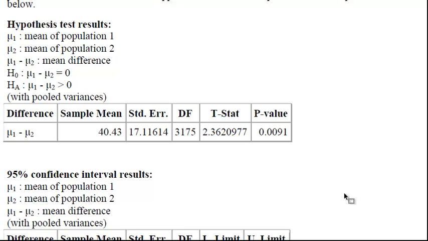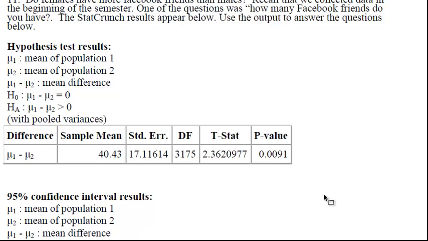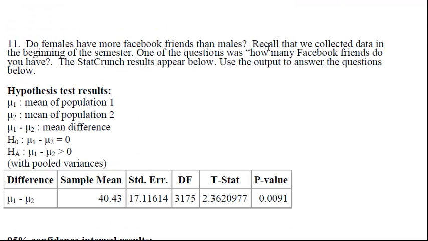The next one, we're given some StatCrunch output, and we're asked to do a hypothesis test and also interpret a confidence interval. And so there's no computation here. All you're doing is showing that you know how to read computer output. And we'll go ahead and do the first one. So the question is, do females have more Facebook friends than males?